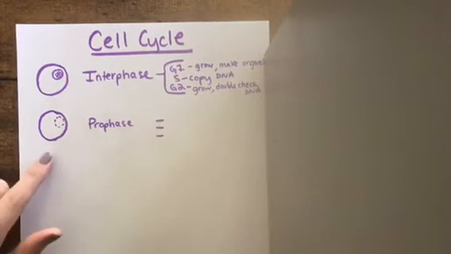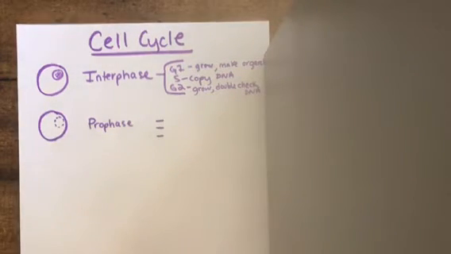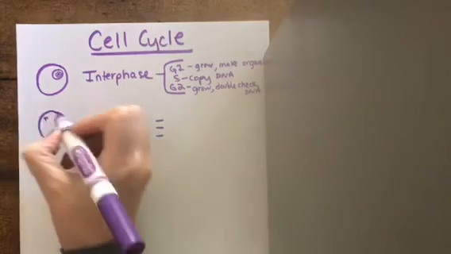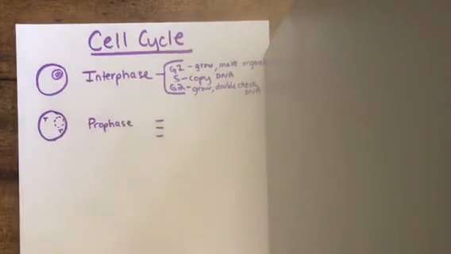Okay, so we're going to draw it dotted because it's starting to dissolve. We're also going to see centrioles appear. So centrioles, we're just going to draw them as little t's. But if you think back to our organelles unit, they help with cell division. So now we're talking about cell division.